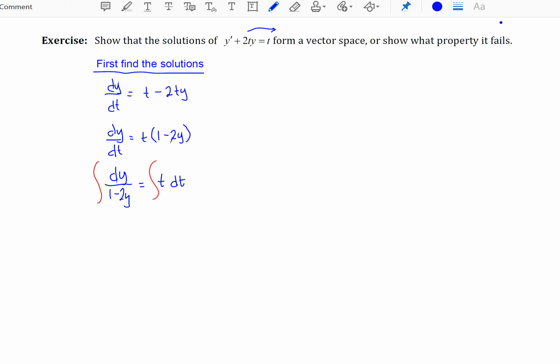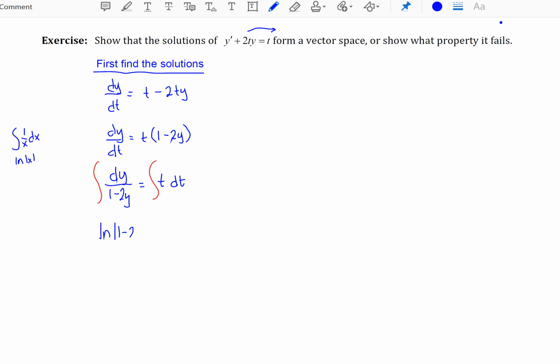Now on the left-hand side, again, this is not the easiest integration, but I think it looks a lot like the integral of 1 over x dx, which we know is the natural log of the absolute value of x. So I'm going to make that guess that the antiderivative is the natural log of the absolute value of 1 minus 2y.